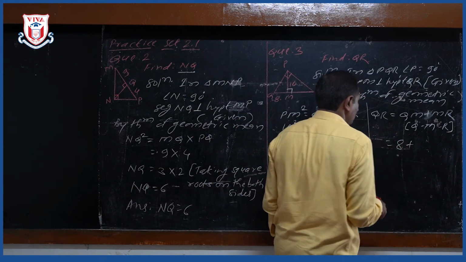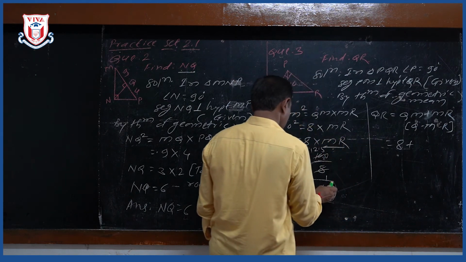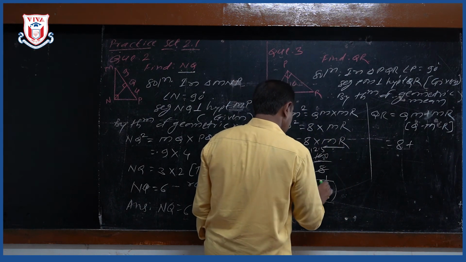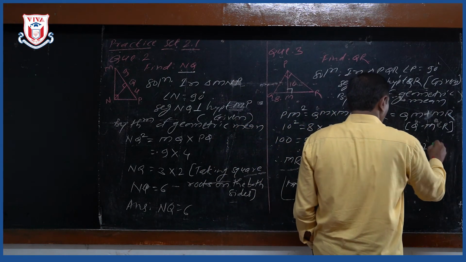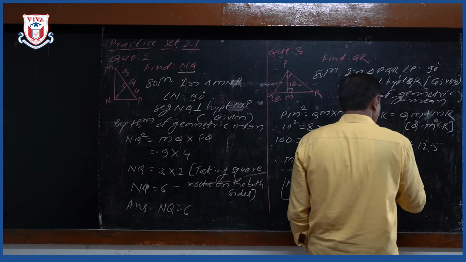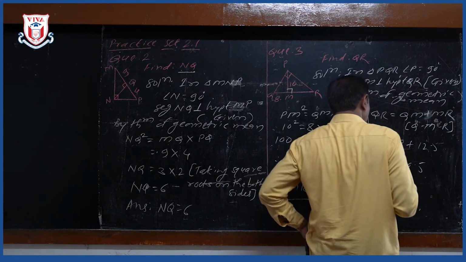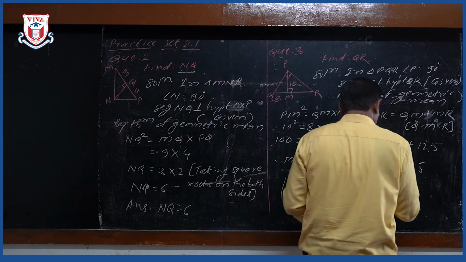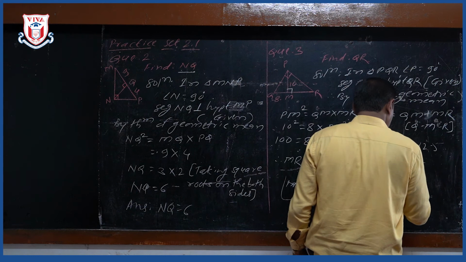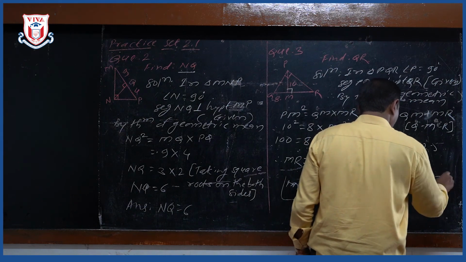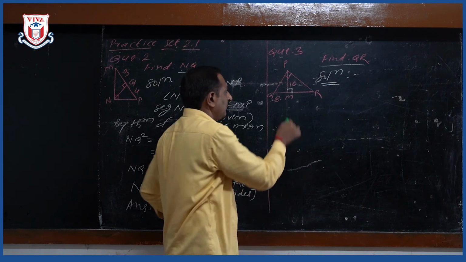This is given. Again MR you find here. MR is equal to 12.5. 8 plus 12.5 is equal to 20.5. QR is equal to total 20.5.